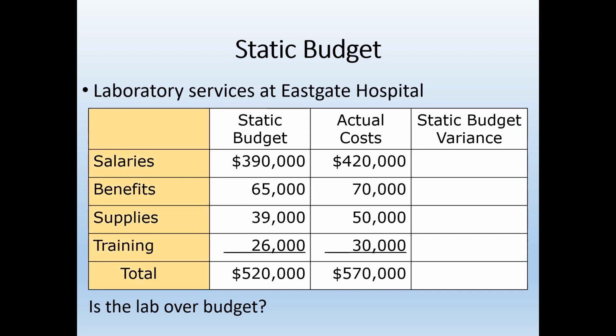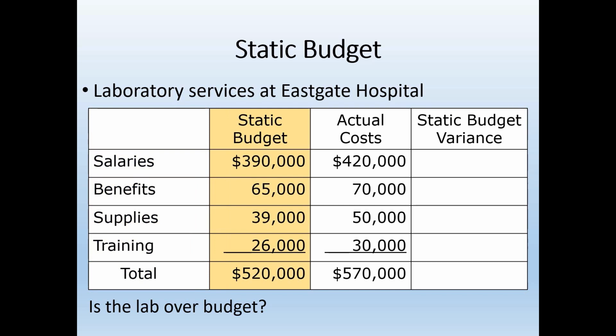It has 4 cost categories: the salaries of lab technicians, the benefits that those technicians receive, the supplies that are used to perform the tests, and training that the technicians might need in order to perform the tests.